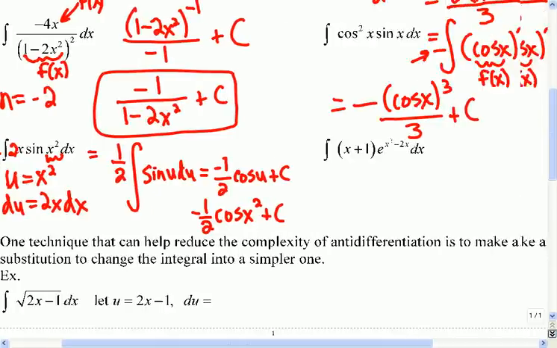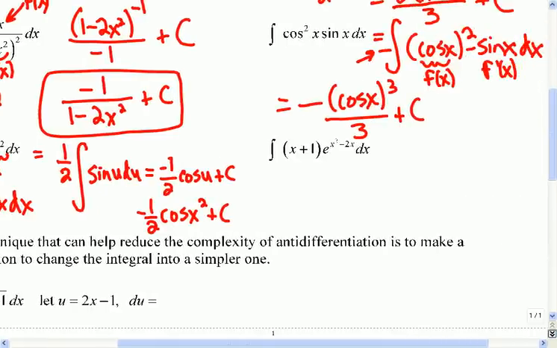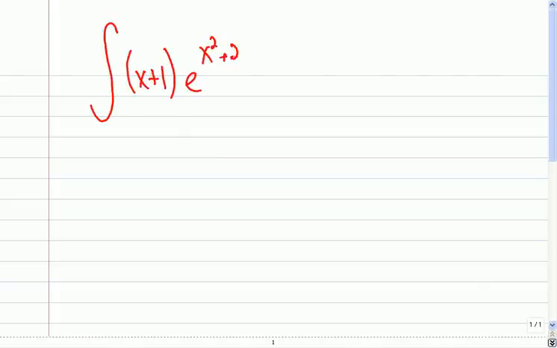So the second one, what do we think? Will the shortcut work for the second one or no? Shaking your head. How come? There's no other e to the something, right? So we don't have a power rule, but we can still do this by substitution. Just for the sake of clarity, I'm going to do it in a nice big slide so I don't have to jam it in there. So this is going to be the integral of x plus 1 e to the x squared plus 2x.